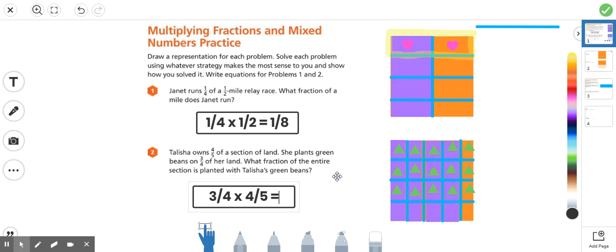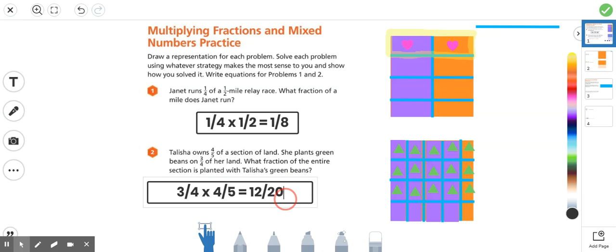And then I can see in my picture 1, 2, 3, 4, 5, 6, 7, 8, 9, 10, 11, 12. I have 12 out of 20. And remember, you can check that and say, well, 3 times 4 is 12, and 4 times 5 is 20. Make sure you're going back and checking.